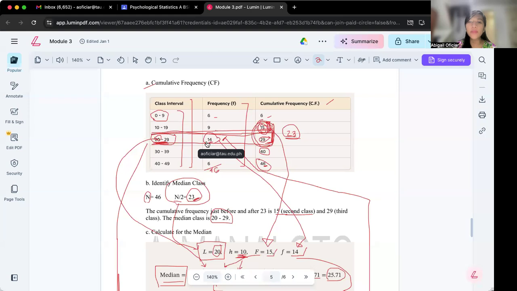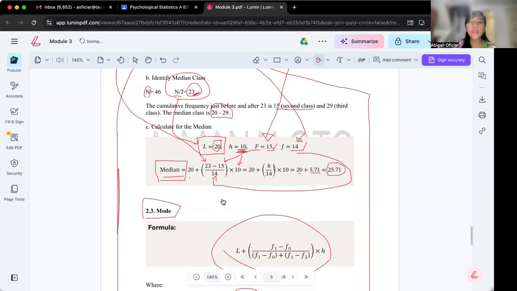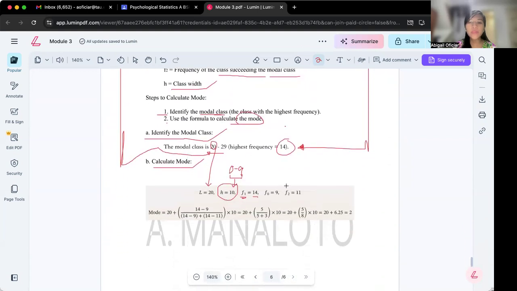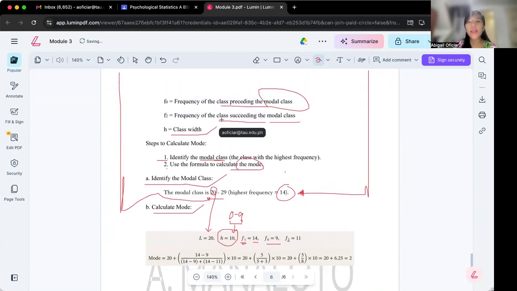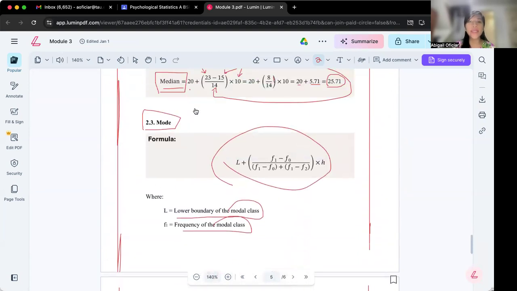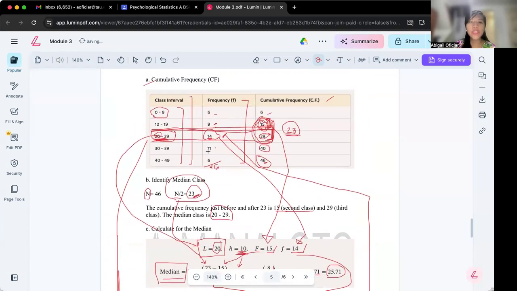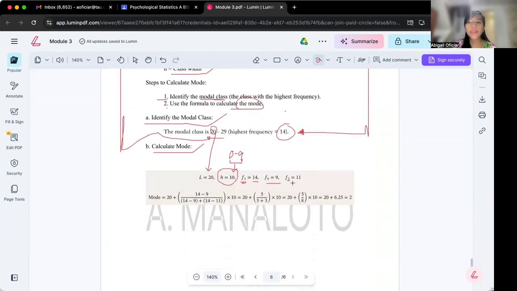Ito yung modal frequency of the modal class. The preceding is, we have there 9. Okay, so our FO is 9. The F2 is, of course, frequency of the class succeeding the modal class, yung susunod na frequency, no? Which is, we have here 11. Okay? So, dun ang galing yung 11 na yan.